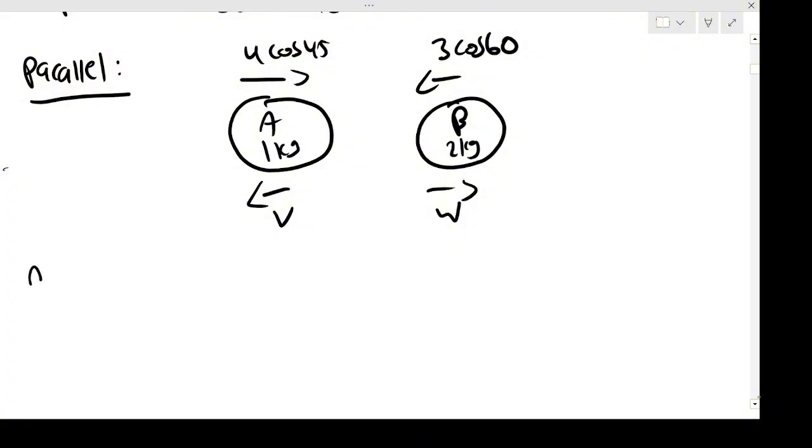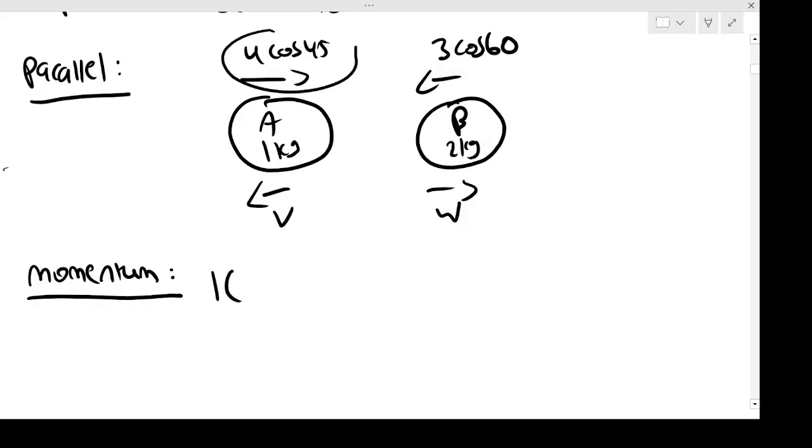Using normal techniques, momentum, if we were to apply it here, we have all the ingredients. For A, it's going to be mass 1 times velocity, 4 cos 45. Sorry, it's a 4, not a U. There we are, 4 cos 45.